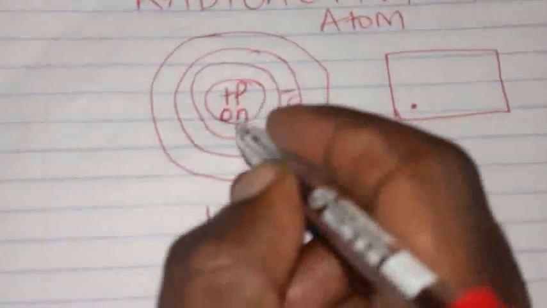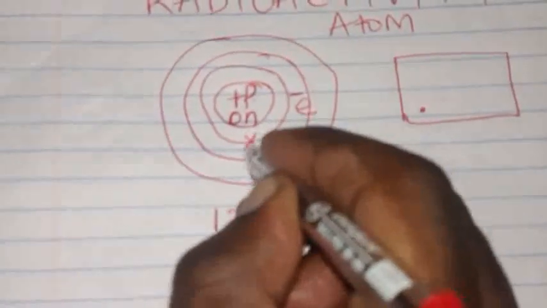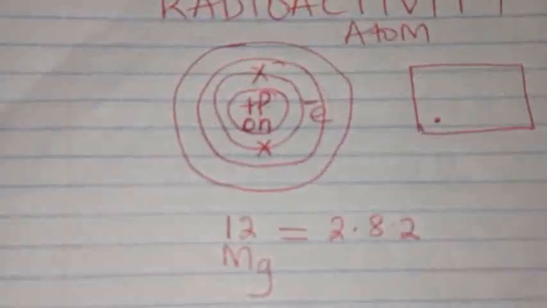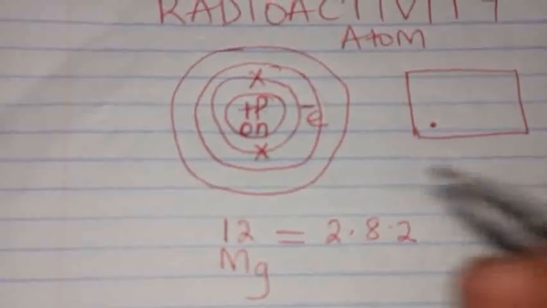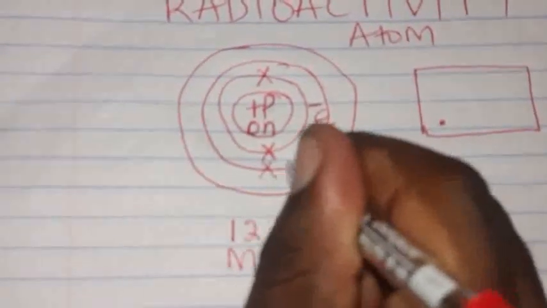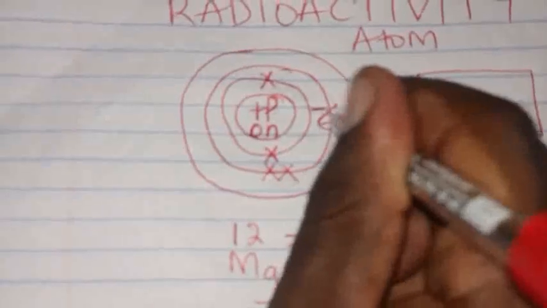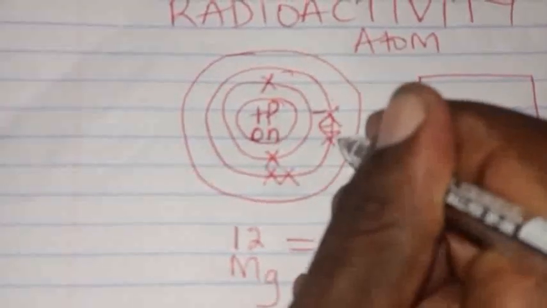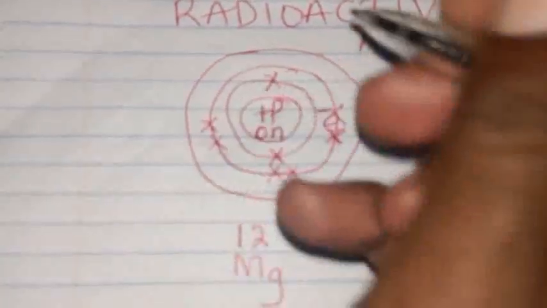That is to tell you that the first energy level can have 2 electrons, okay? Then the second energy level can have 8, so you have 1, 2, 3, 4.